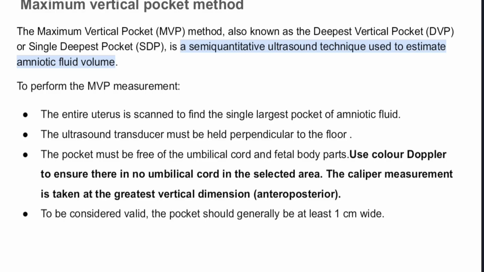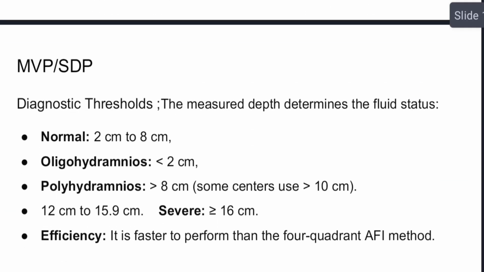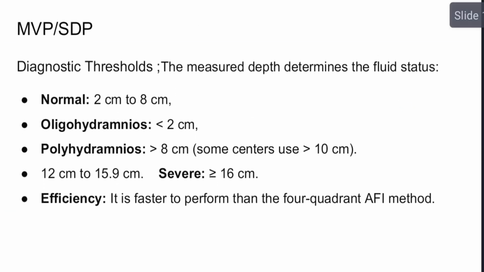That's anterior posterior. To be considered valid, the pocket should generally be at least 1 cm wide. Whatever your measurement reads represents the amniotic fluid volume, and the normal is considered to be 2 to 8 cm, which means if you get any value between 2 and 8, that amniotic fluid volume is adequate.